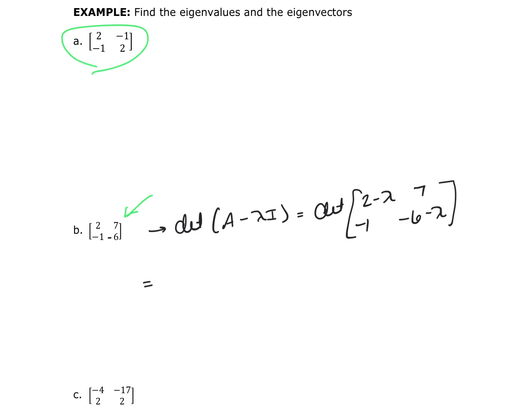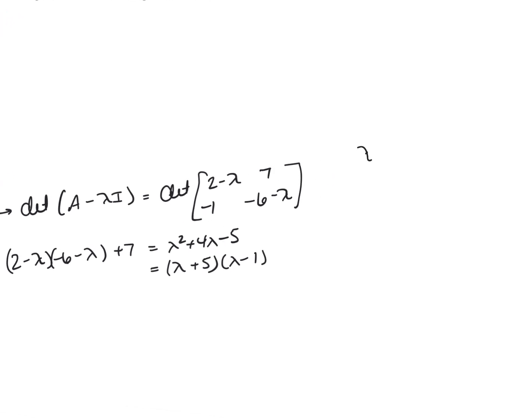This becomes 2 minus lambda multiplied by negative 6 minus lambda plus 7, which ends up becoming lambda squared plus 4 lambda minus 5. This factors into lambda plus 5 and lambda minus 1.